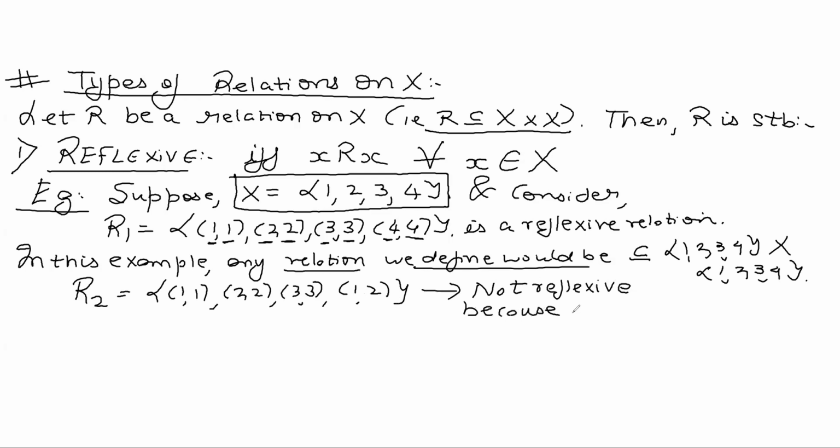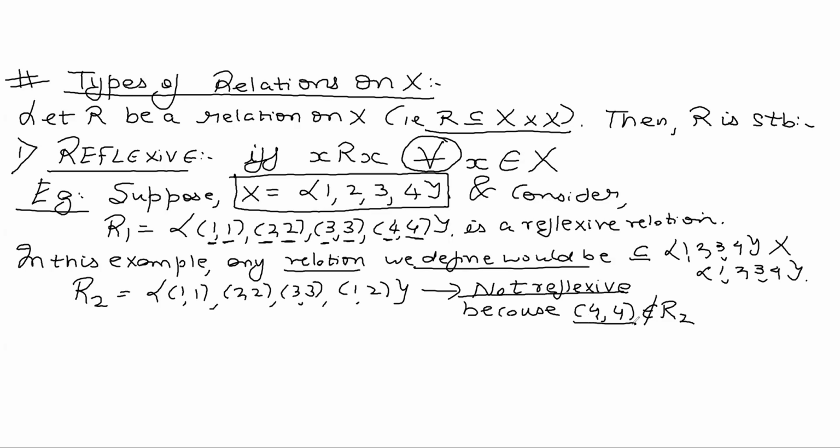Because (4,4) does not belong to R2. So the point to understand here is that it has to be for all, not for one. So this is not a reflexive relation because (4,4) is not there.